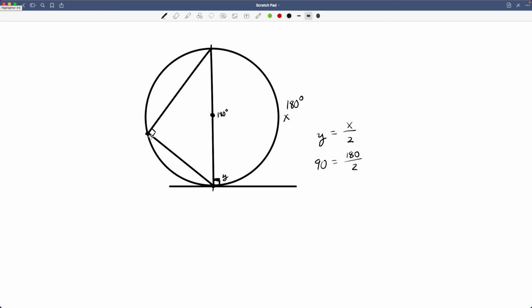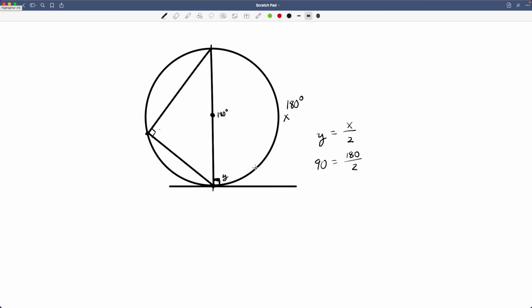So again, this is half of this, because we know this is also 90 degrees. So it proves it once again that the intercepted arc is half. It's always half of whatever. The inscribed angle is always half of the intercepted arc, and the intercepted arc here is 180. It wouldn't matter. You could draw it on this side too.